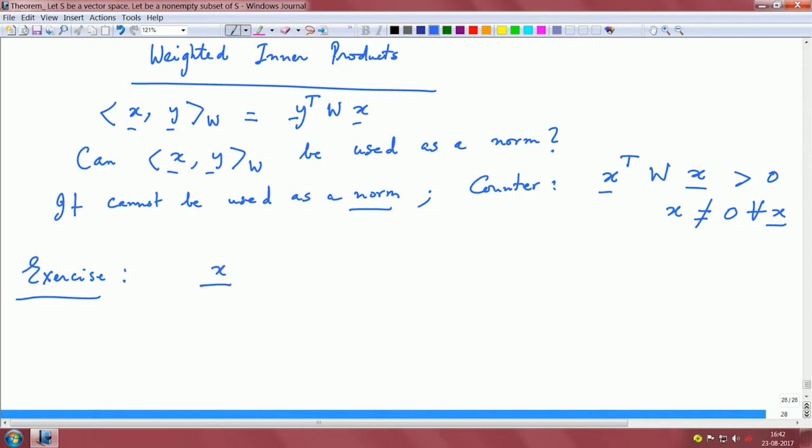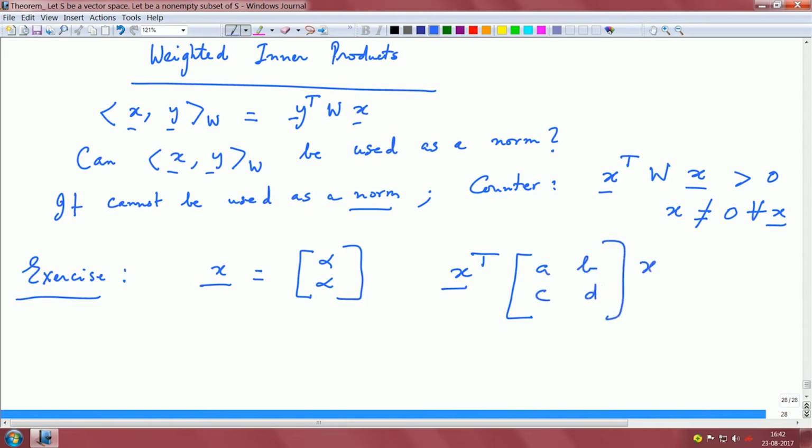Suppose I think about this vector x to be some alpha alpha, and I want to consider this quantity x transpose Wx, where this W is given by this matrix AB CD, and if this has to be strictly greater than 0 for every x not equal to 0, is it true for all possibilities of parameters a, b, c and d, right?